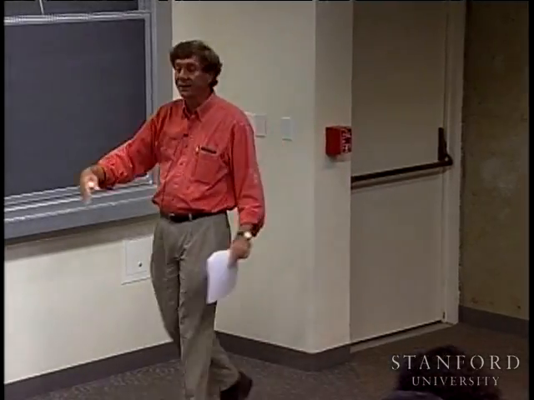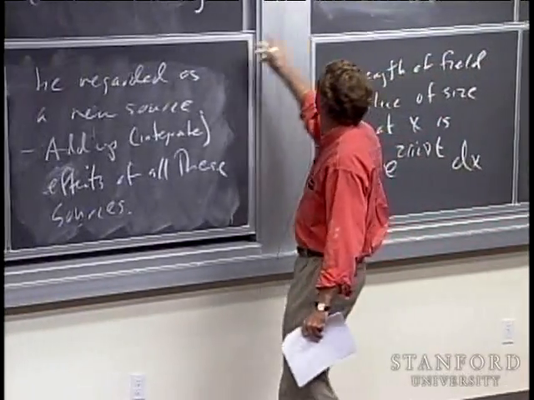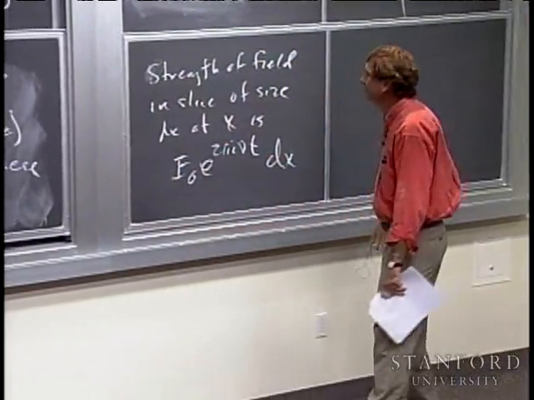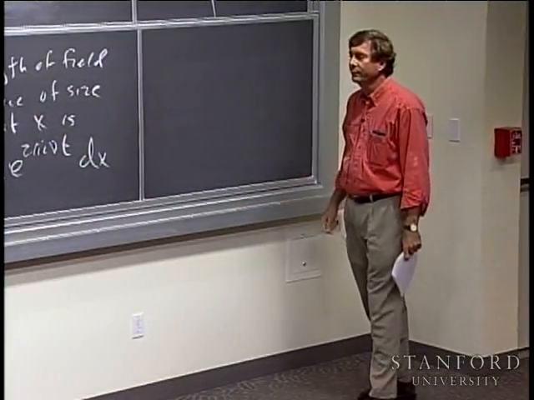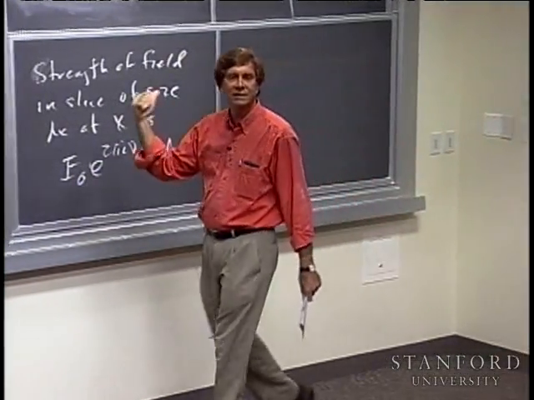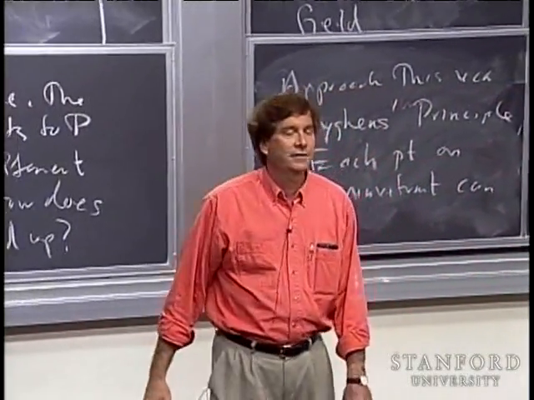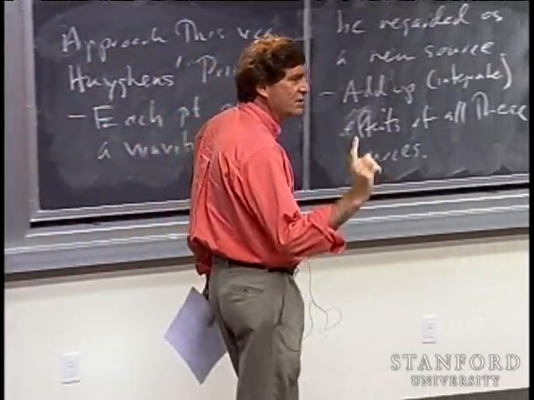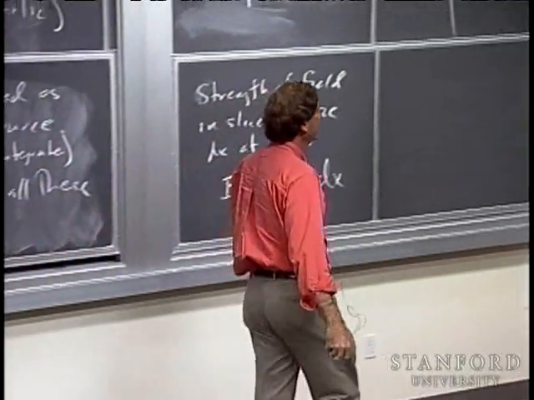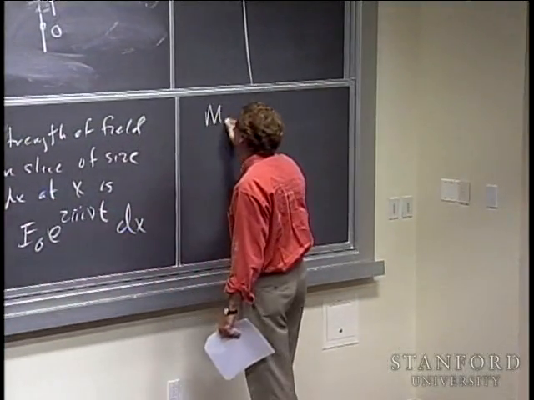Now, I'm assuming I have zero phase on the aperture plane. Okay, now what happens when it reaches the image plane? There's a decrease in the magnitude of E by 1 over the distance, but that's not the main effect.